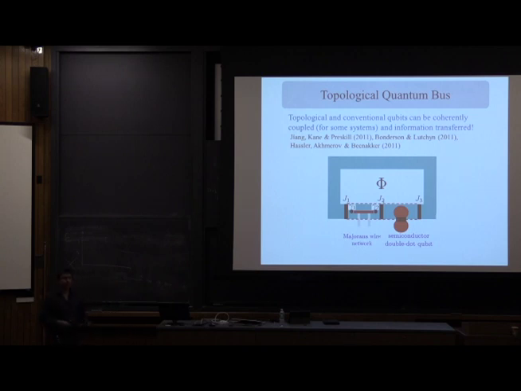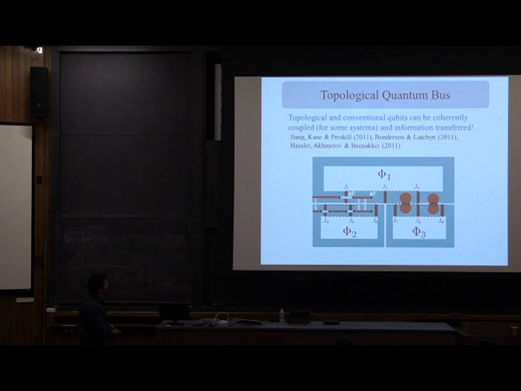So when we measure the combined state of the system, we collapse the state to some combined overall fermionic parity state, and that serves as an entanglement measurement between the two subsystems, topological and non-topological.